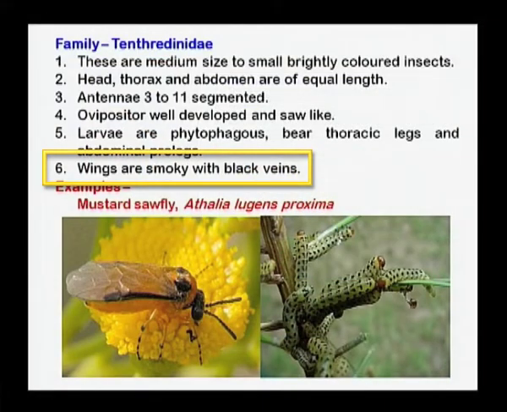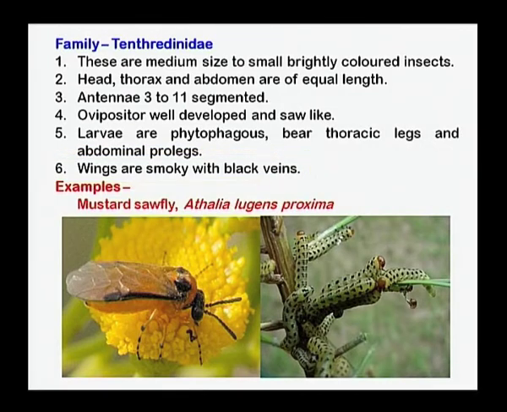Wings are smoky with black veins, which is a prominent characteristic of the family Tenthredinidae. Coming to the examples, mustard sawfly, Athalia lugens proxima, is a noxious pest of mustard, and it causes heavy loss to the crop and thereby reduces the yield, and finally the profit is also reduced.